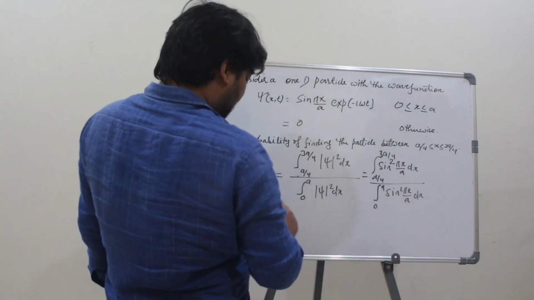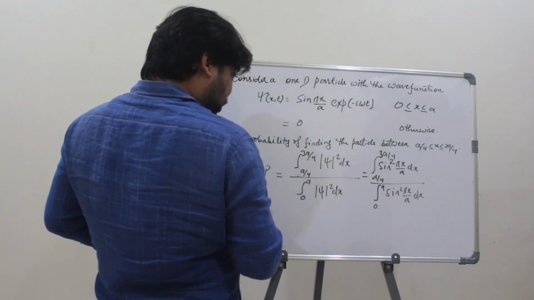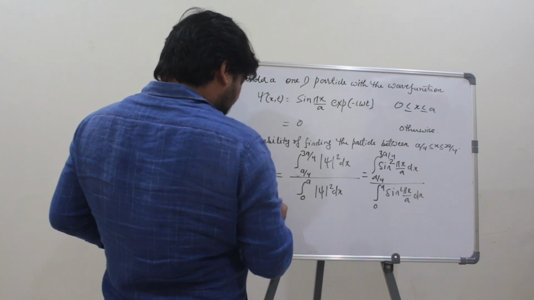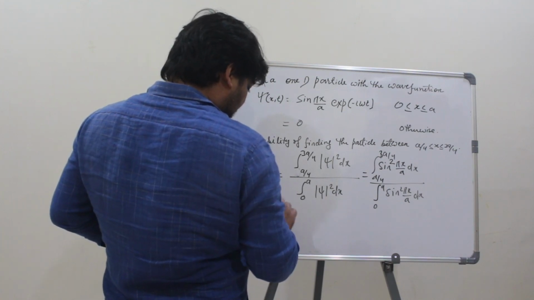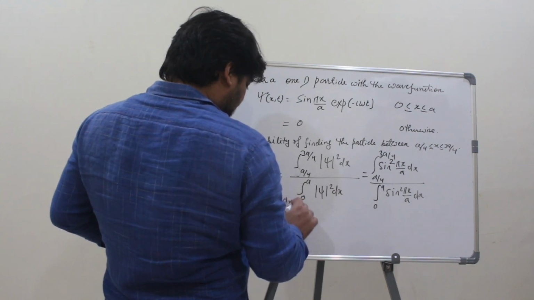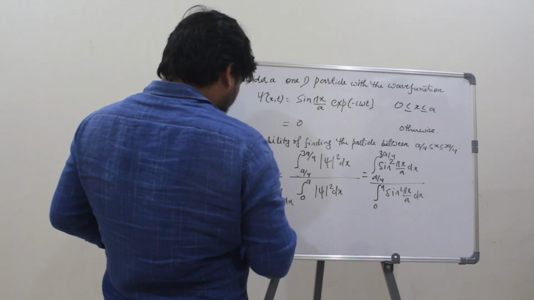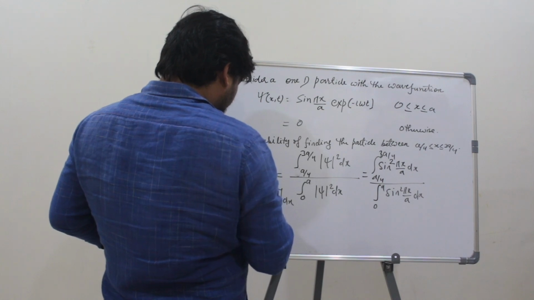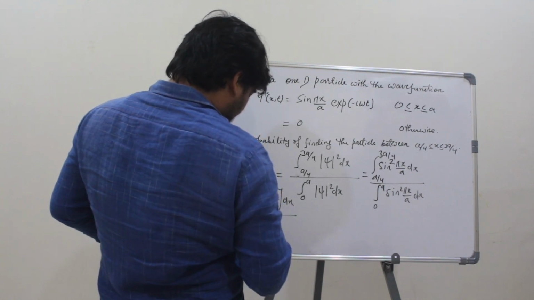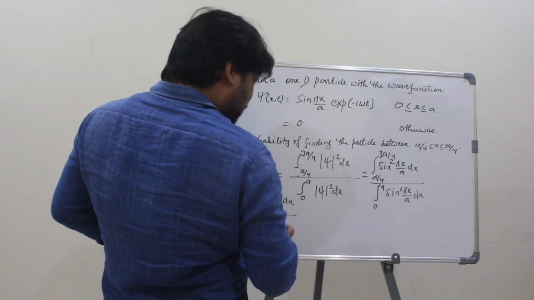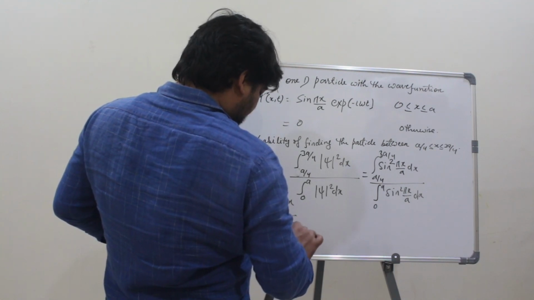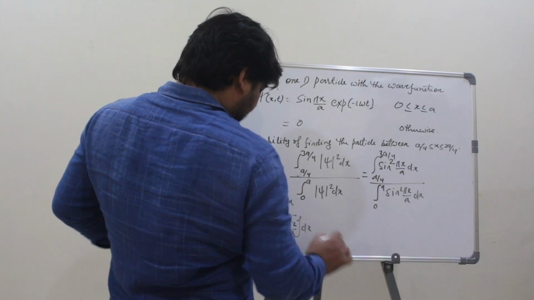Now just try to simplify it by changing it into the cos 2 formula. So it gives you 1 minus cos 2 pi x divided by a, dx, between a by 4 to 3a by 4, whole divided by 0 to a, 1 minus cos 2 pi x divided by a, dx.